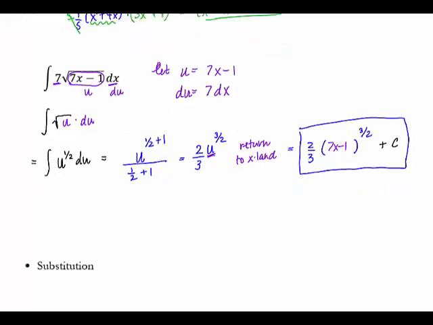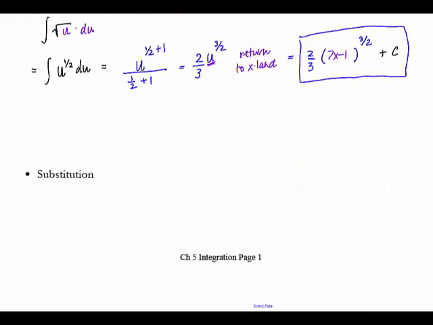Now the steps for this we can outline, but they won't become easy until we've done a lot of practice. First, we need to decide on u. What is a good u? Ways to pick u. They'll be inside parentheses, maybe under a square root, or some kind of radical.